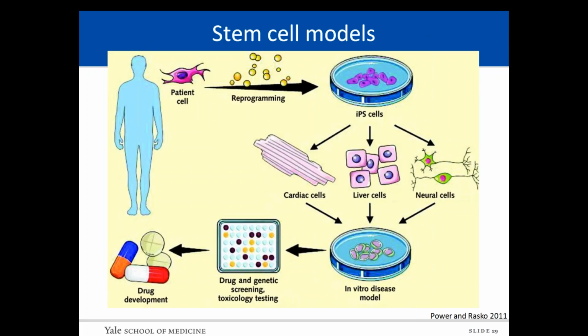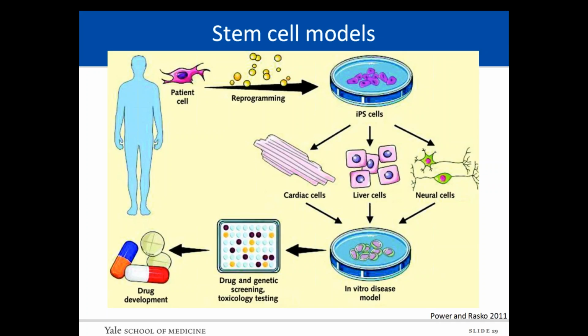Another really hot topic in the field is to do stem cell modeling, to do that follow-up work of examining mutations in proteins and trying to figure out how that affects protein structure and function and cellular processes. So, you know, the big challenge in neuropsychiatry is that we can't go around getting brain biopsies for study from our patients.